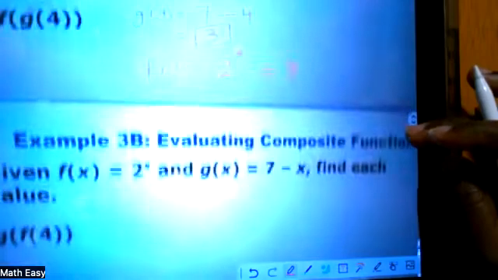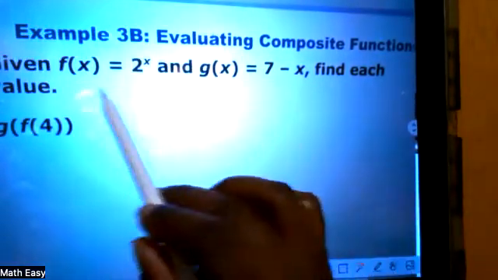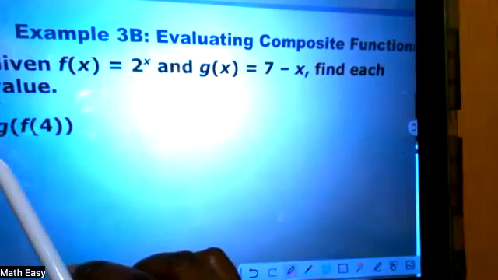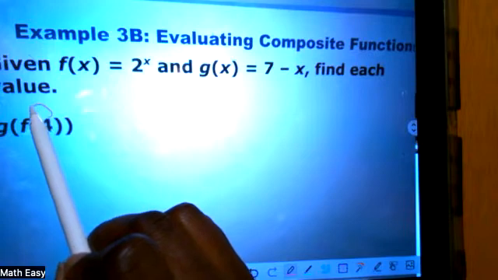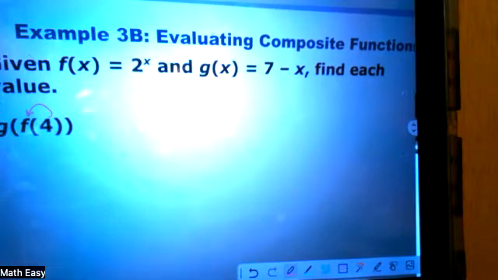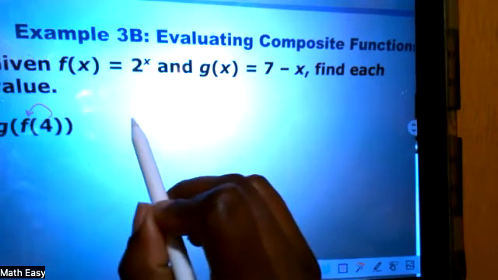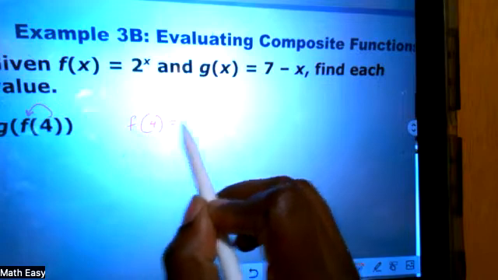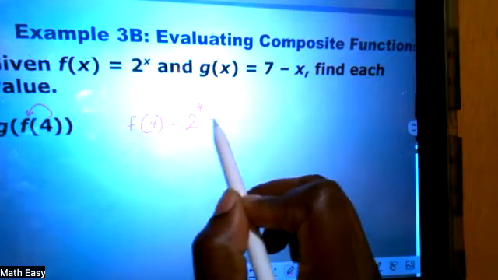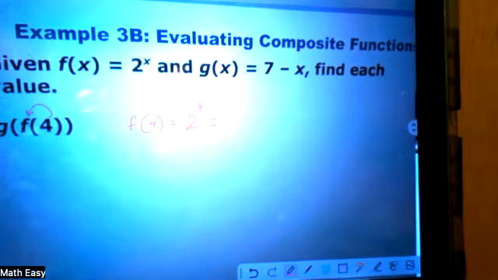All right. Another example. We have the same two functions, f and g, and we need to find gf of 4. So we take that 4 and place it into our f function. Our f function is 2 raised to the power of x, so that will be 2 raised to the power of 4, which is 16.